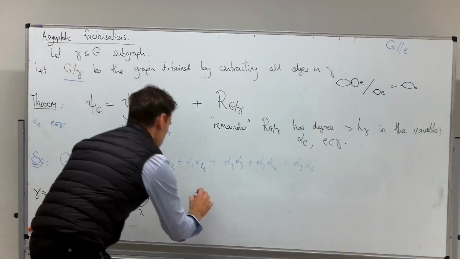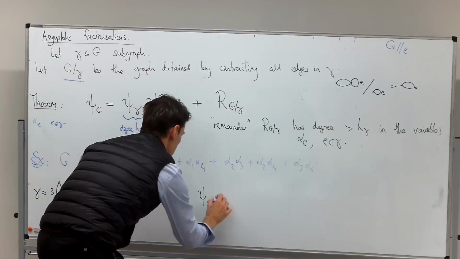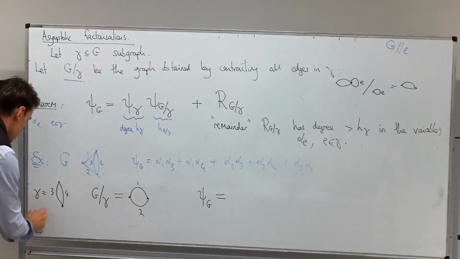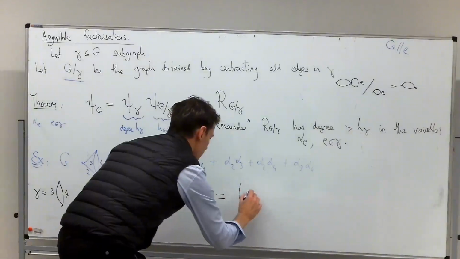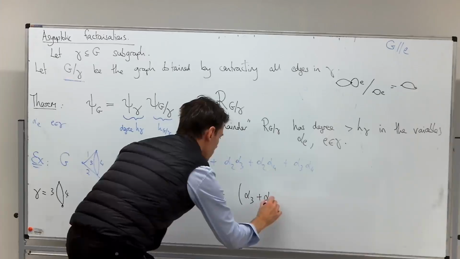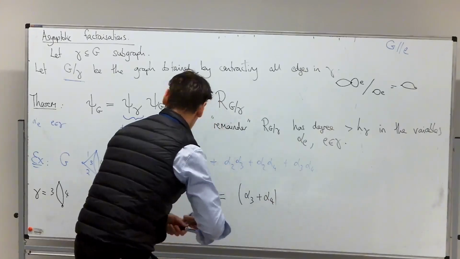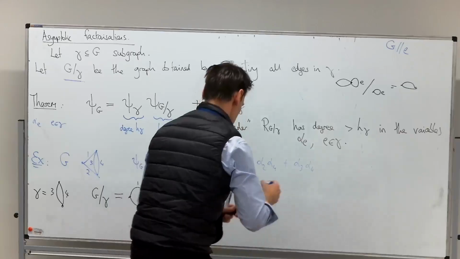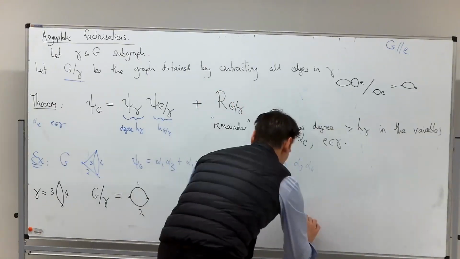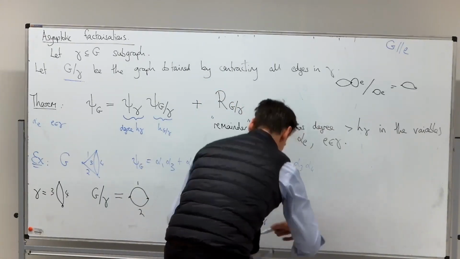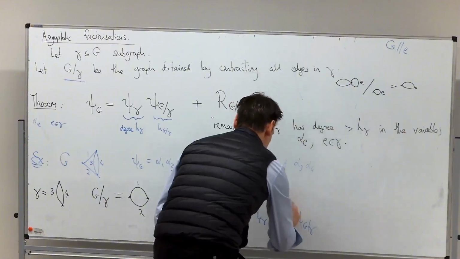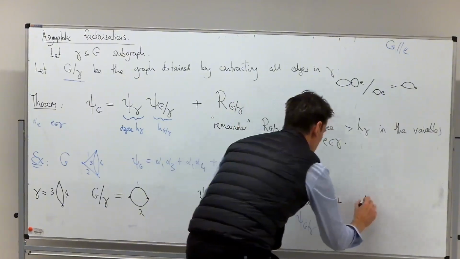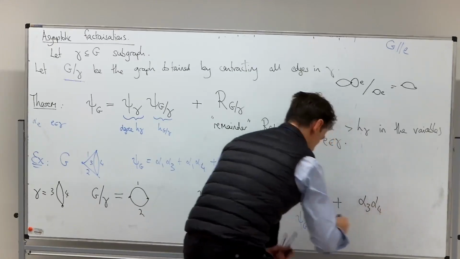And the formula says that psi G equals the graph polynomial of the subgraph, so that's alpha 3 plus alpha 4, this is psi gamma, times the polynomial of the quotient, alpha 1 plus alpha 2, plus a remainder term, which is alpha 3, alpha 4.